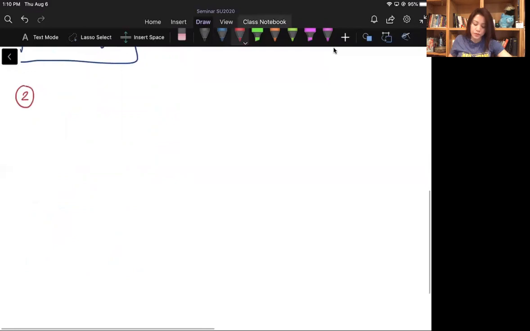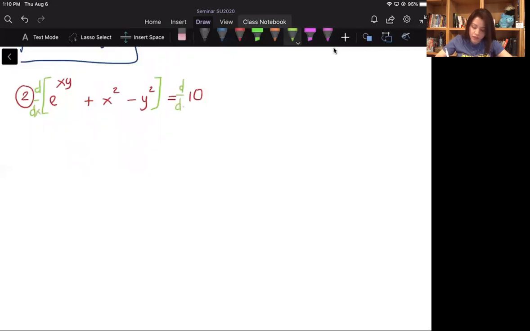Example number 2: suppose I have e to the xy plus x squared minus y squared equal 10. Again, the first step is to take the derivative with respect to x of both sides.